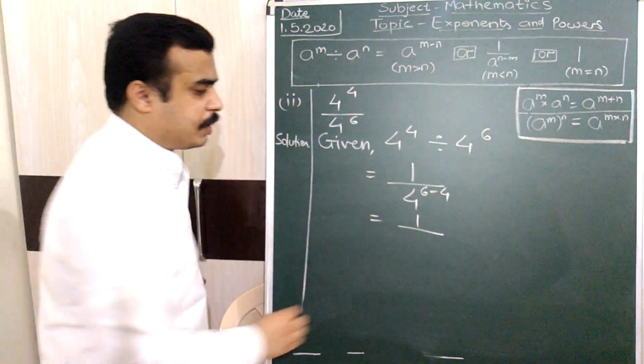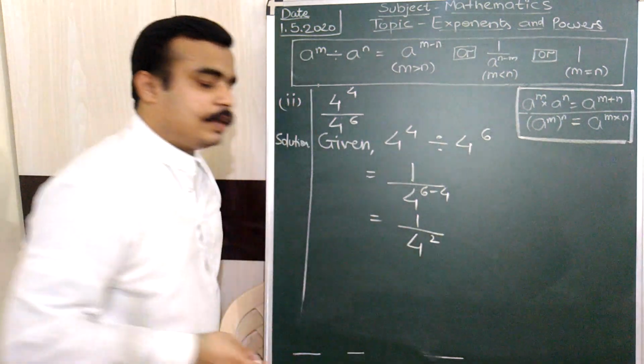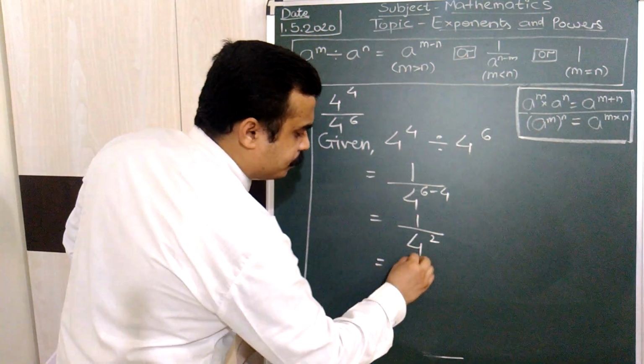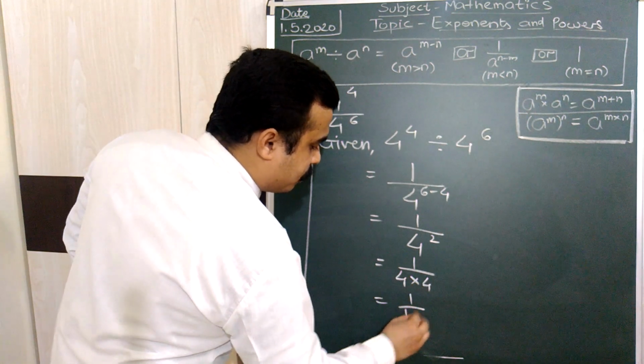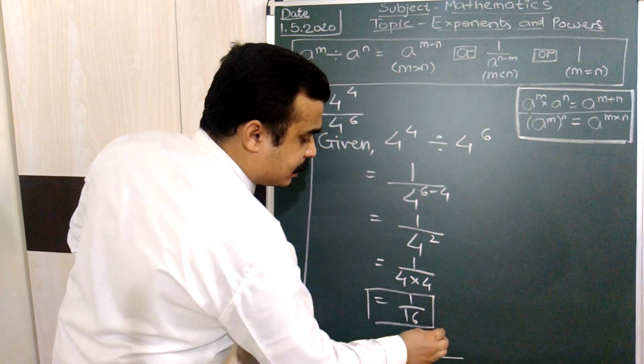So we have 4 raised to the power 2. So 1 upon 4 into 4, which means 1 upon 16 is the required answer.